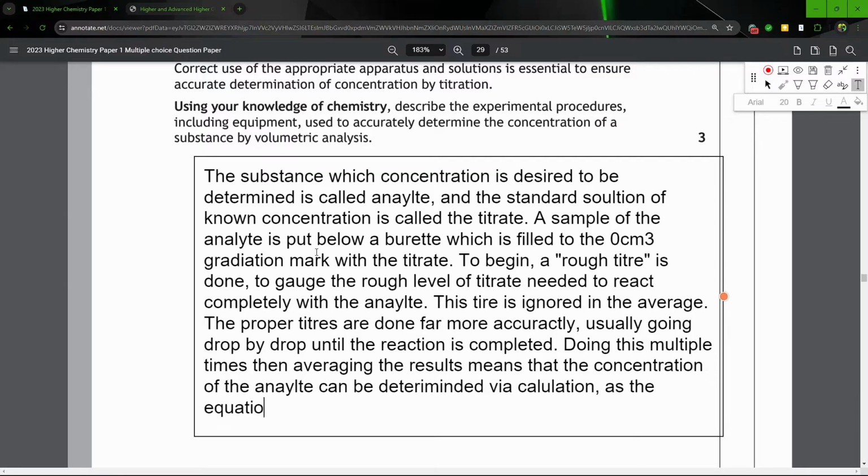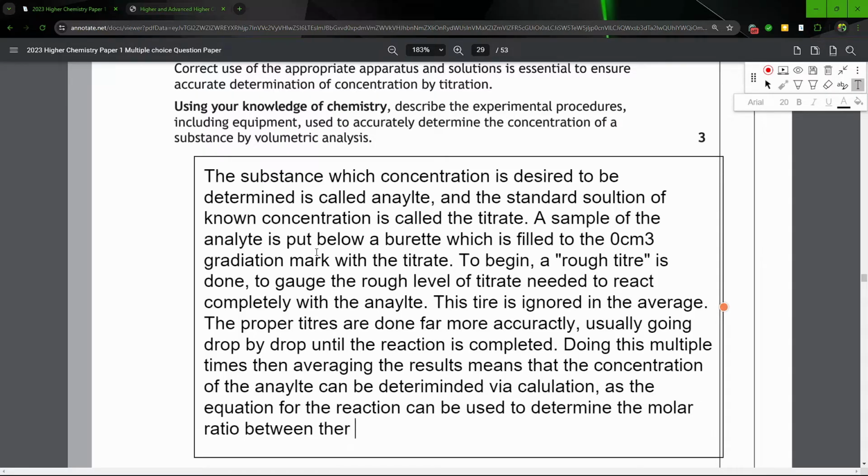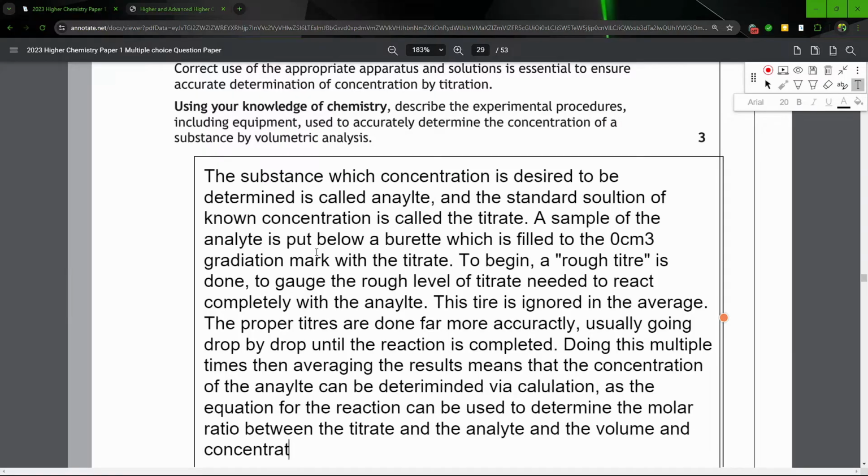As the equation for the reaction can be used to determine the molar ratio between the titrant and the analyte, and then the volume and concentration of the titrant can be used to calculate the number of moles of the titrant, which is then used to calculate the number of moles of the analyte, which then the volume tested can be measured.